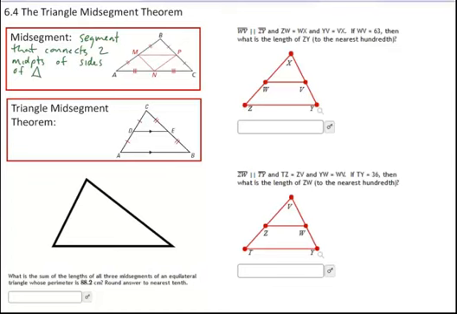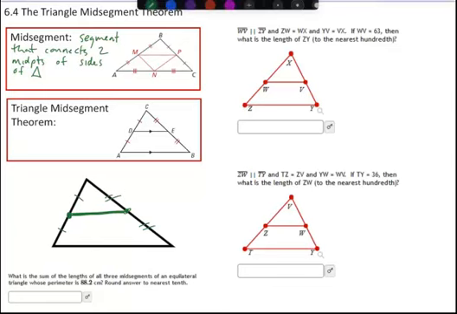So if we look at this triangle here down below, you can see from the label inside that definition box, but if we say here's a midpoint and here's a second midpoint, the markings indicate that we have two midpoints. And this segment right here is called a midsegment.